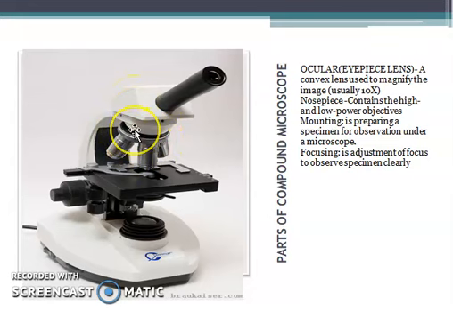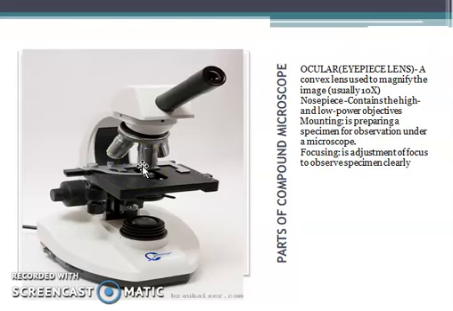Then we have the nose piece. The nose piece rotates and contains the high and low power objectives. These are what we call the objective lenses, and they magnify with different powers. The low power objective magnifies 4 times. The middle power objective magnifies 10 times.